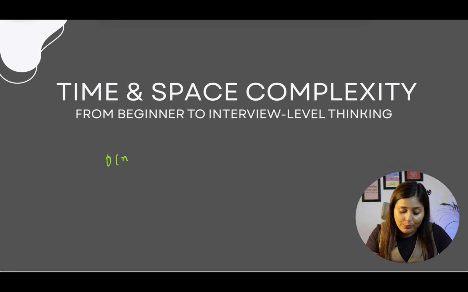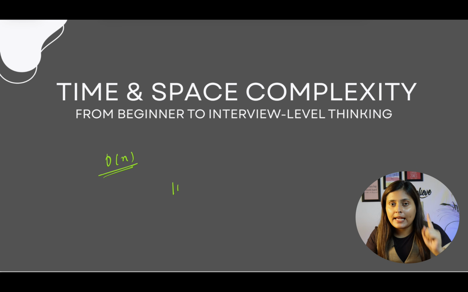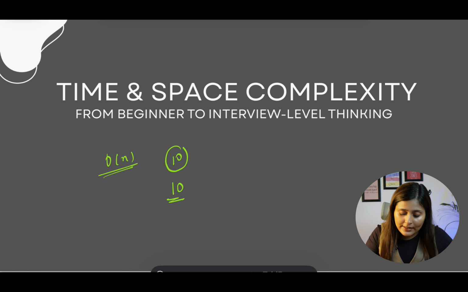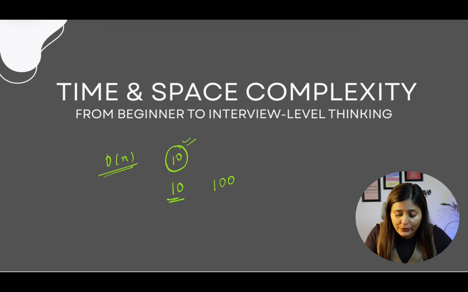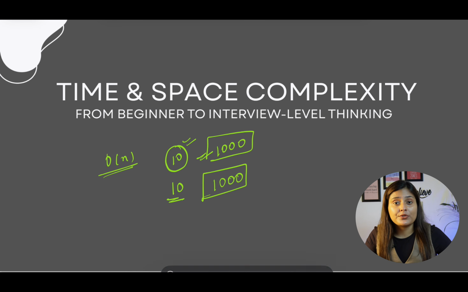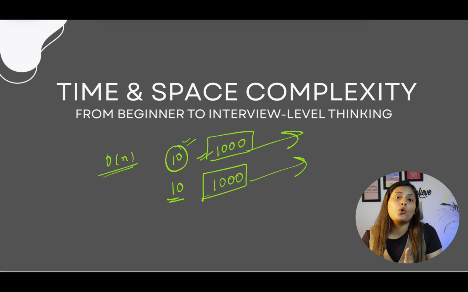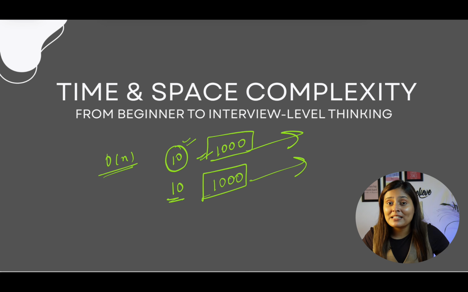It means, suppose I say the time complexity is linear, O of n, it means if the input is 10 values, then it will run 10 operations. Similarly, if it grows, suppose it becomes 1000, then we can run 1000 operations. It means as the input grows, the operations will also grow accordingly. And time complexity has nothing to do with how much time it takes.